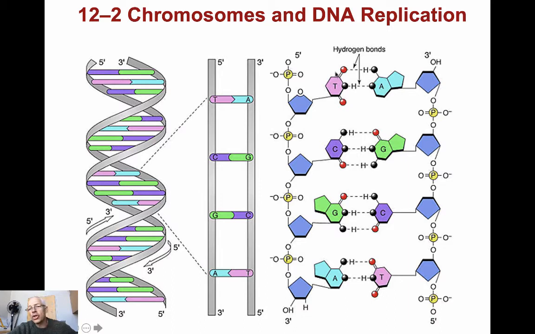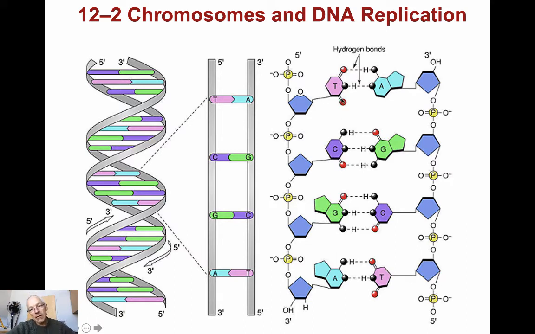One of the things that's hugely important about this process of replication is the specificity between the different nucleotides. Those are the monomers, the building blocks of DNA. And remember, there are four different nucleotides: A, T, G, and C, adenine, thymine, guanine, and cytosine.